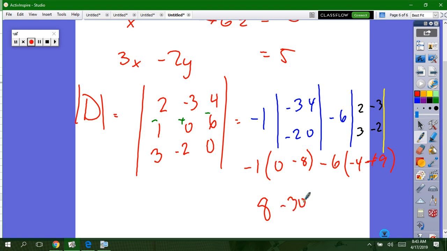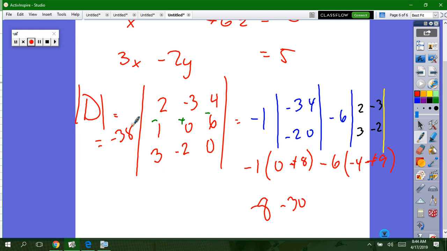So therefore, D is -22. Let's say, well, so that's -8. Good job, Craig. -38, is that better? Thank you, Craig. Okay. Any questions? Now that's just D.